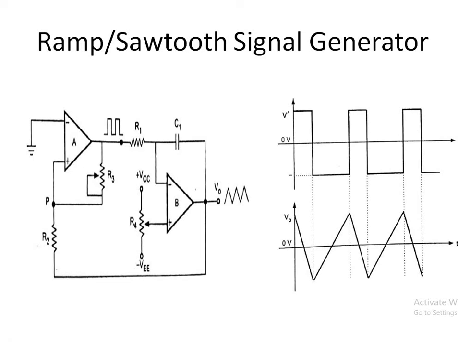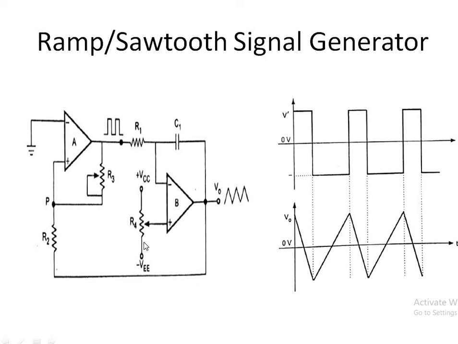Okay, so for that we have a Schmitt trigger circuit similar to the triangular wave generator, and at its output we will obtain a square wave. It is connected to an integrator circuit, and to the non-inverting terminal of the integrator we have connected a variable resistance or a potentiometer.